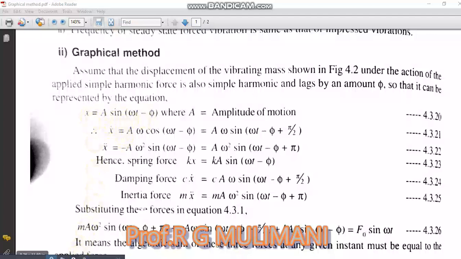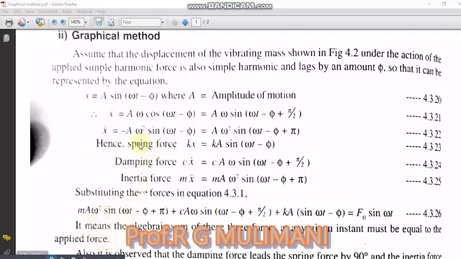Let us find the velocity component and the acceleration component. In our equation of motion, we have m x double dot plus c x dot plus k x is equal to F naught sine omega t. So we need to find the velocity component and acceleration component. The displacement component is assumed here as A sine(omega t minus phi).